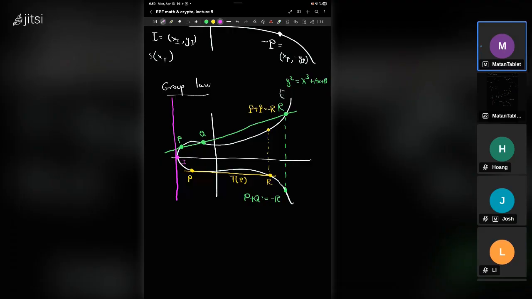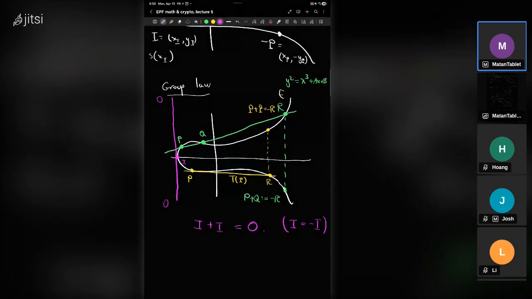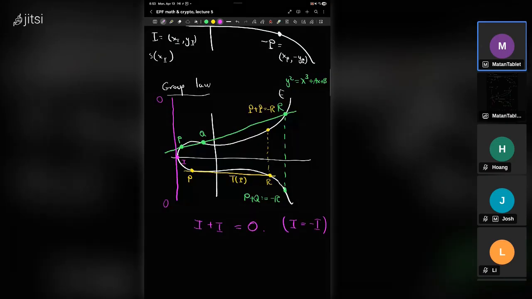But because I have this point at infinity, which is like somewhere here, but also somewhere here, just intuitively, formally speaking, I say that I plus I is equal to O, which means, of course, that I is equal to minus I. And that's it.